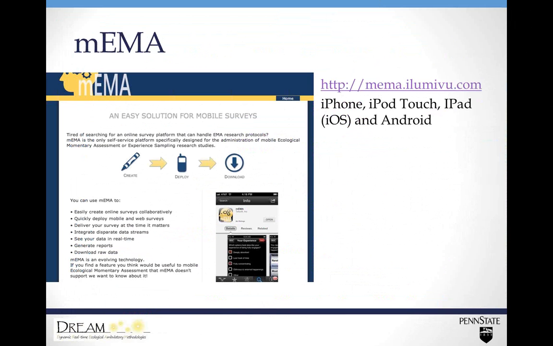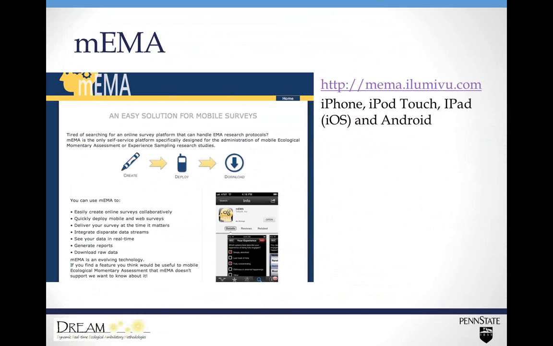So they will help you to create your online survey and deploy it and make it available for your participants to download. And so this would be a good, reliable commercial company to use if you were in North America.